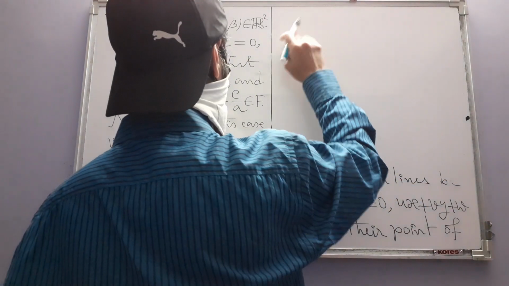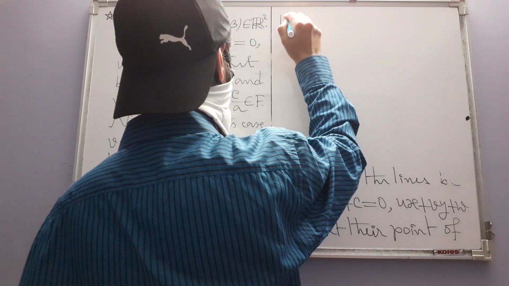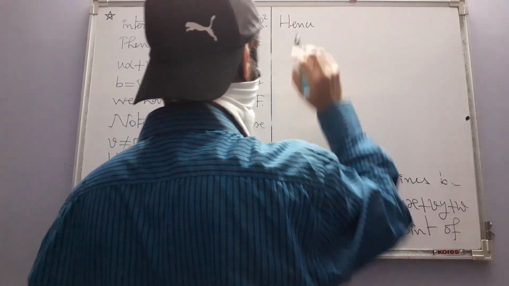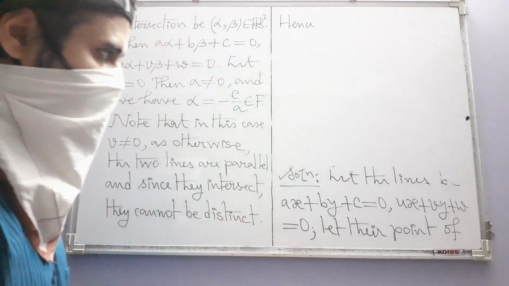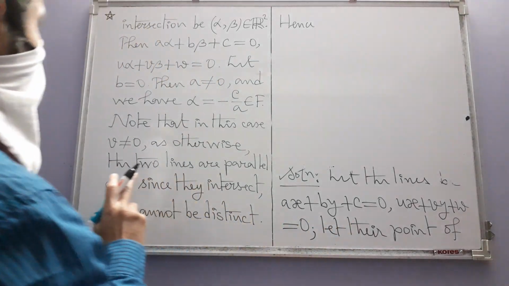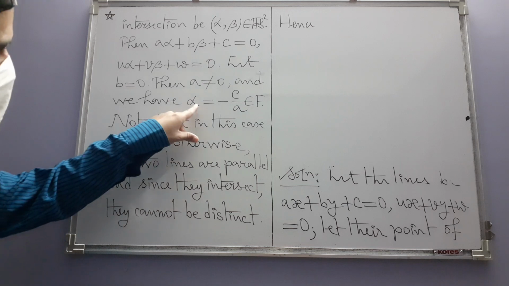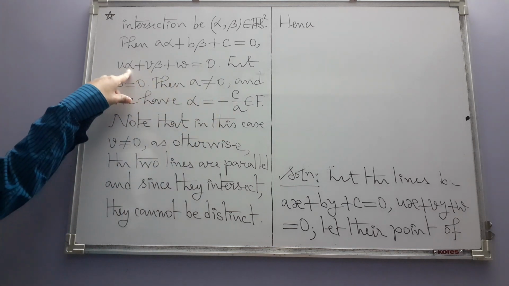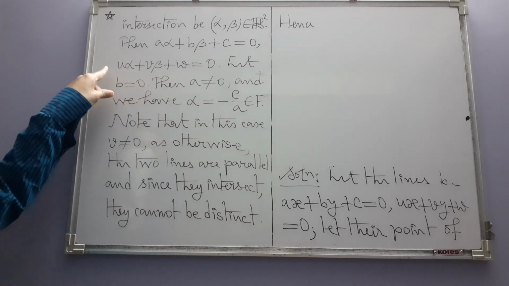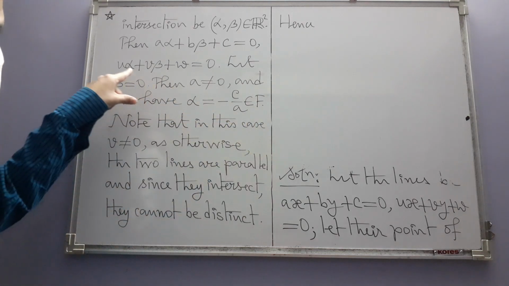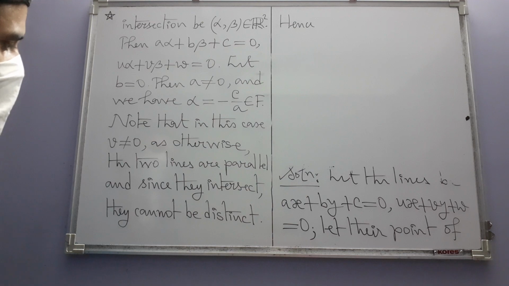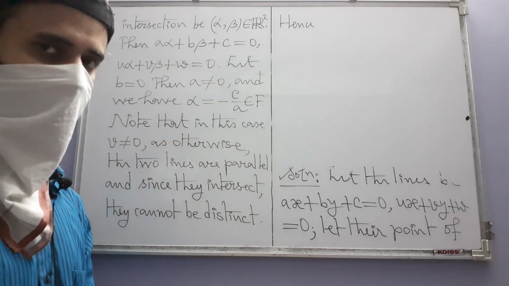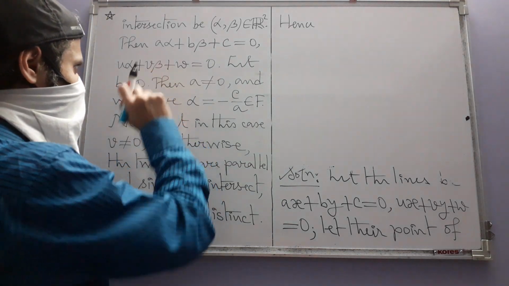Hence, so then what we can do, we can put this value of alpha here. So you will have minus uc divided by a plus v beta plus w equal to 0. And from that equation you can solve for beta.